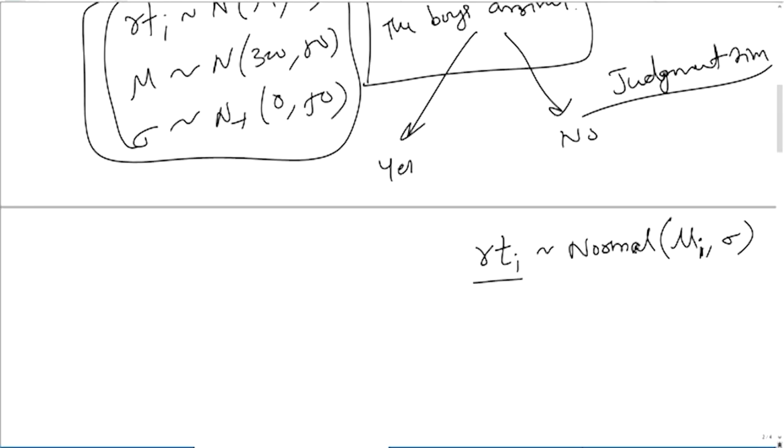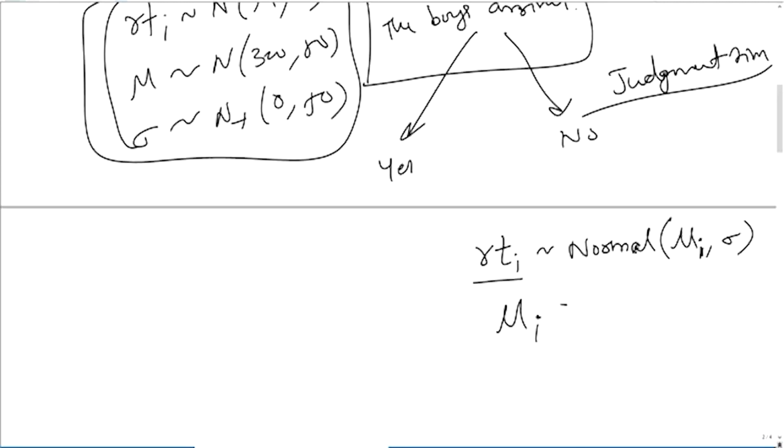So now mu_i is not a constant, it is changing trial by trial. The average reaction time is not constant across trials. It is changing with trial ID.